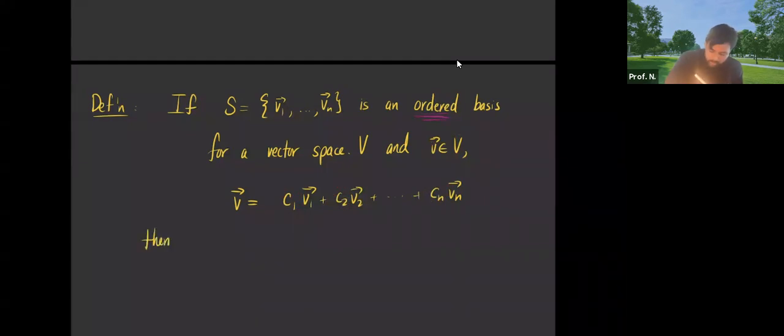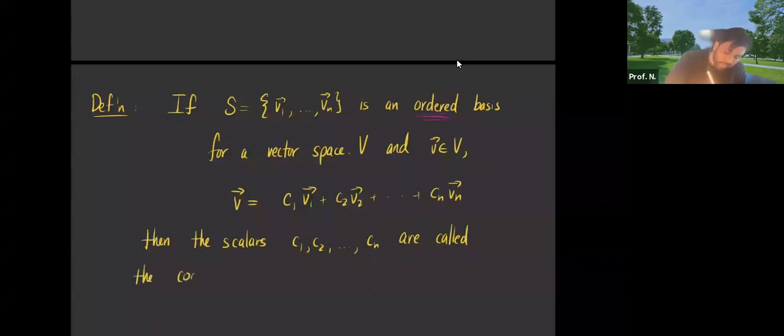Then the scalars c1, c2, all the way to cn are called, and this is the important thing, the coordinates of v relative to S. This is what we're defining.